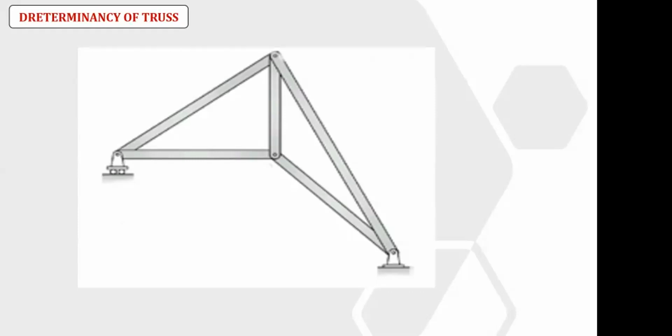How? On one side we have roller support, one reaction. And on another side we have pin support, there are 2 unknown reactions. Finally, 0.